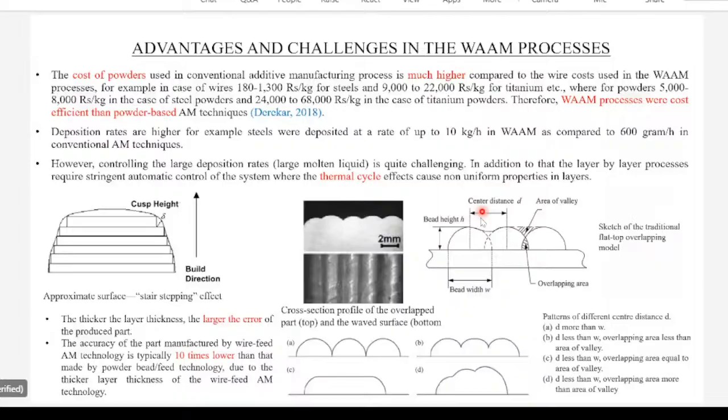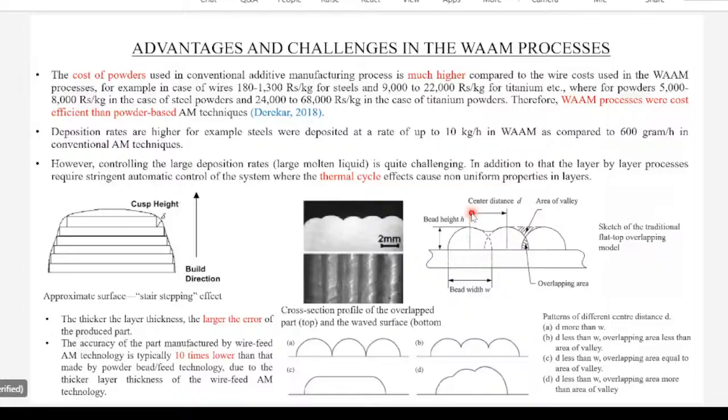Suppose your bead width is 8 mm. If we are optimizing the weld bead, and we know that at this process parameter we have an 8 mm weld width, the center distance should be less than 8 mm. That means if we make it 6 or 5 mm, then the area of valley and overlapping area will be optimum, and we can get a very good multi-wall structure.